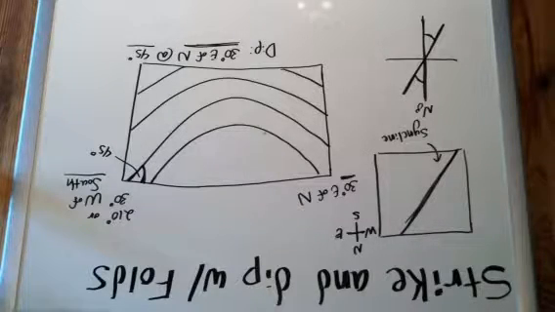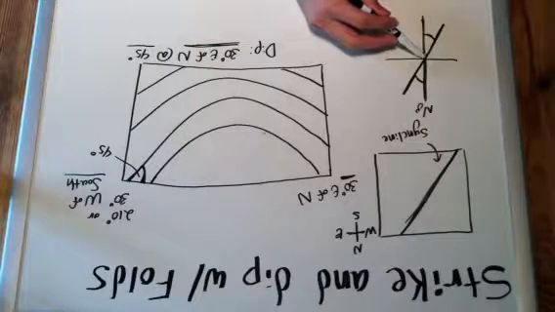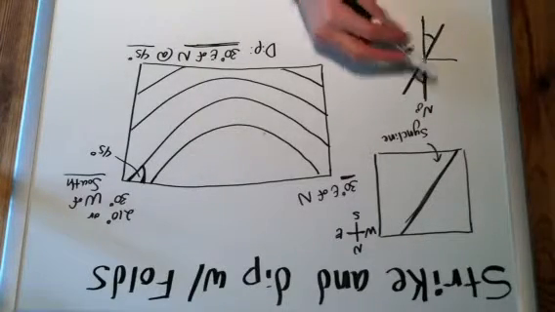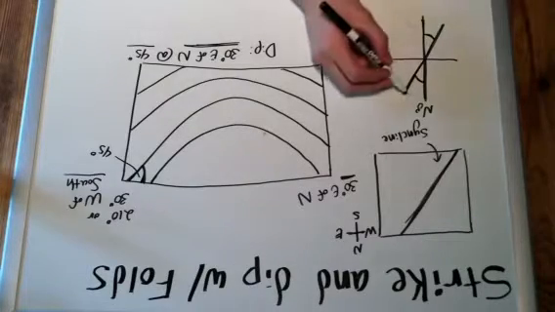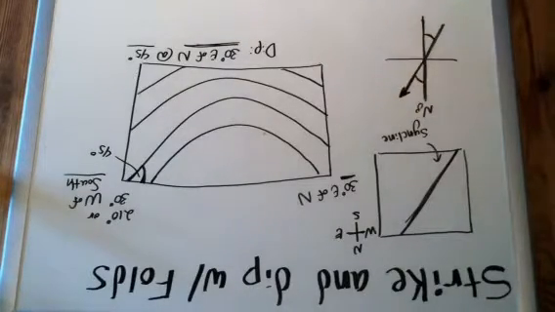What you can actually do is just know that strike is always perpendicular to the dip. It's always 90 degrees to the dip. The dip is on a coordinate plane, so what do we consider to be 90 degrees to the dip?